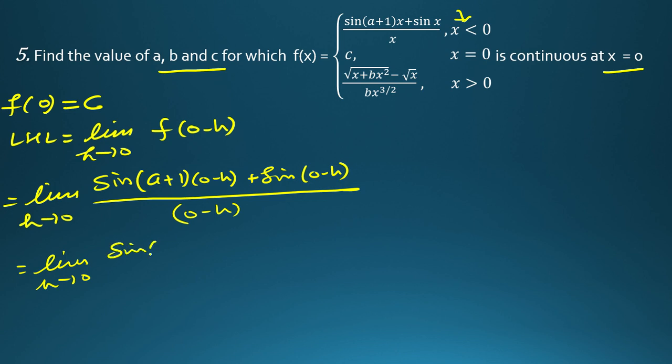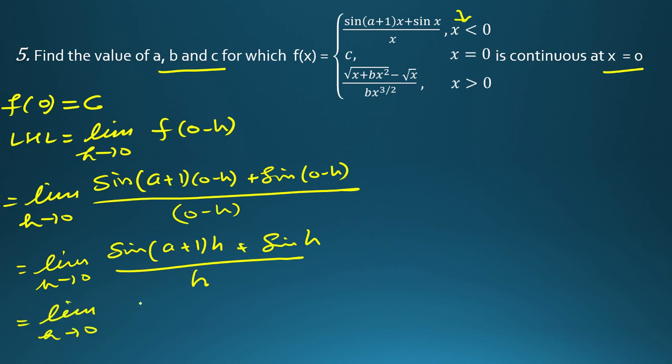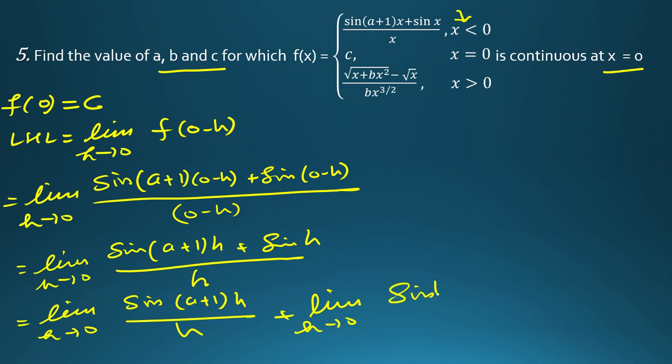So you are getting sine of (a plus 1) times h plus sine h upon h. Now write it separately. So it will be limit h tends to 0 sine (a plus 1) times h upon h plus limit h tends to 0 sine h upon h. Now you can see this will be equal to 1.